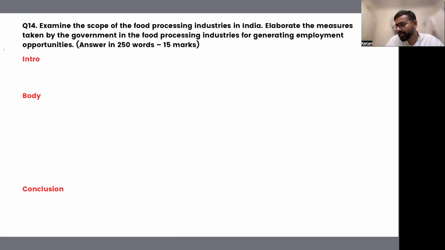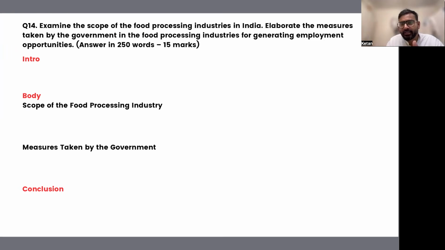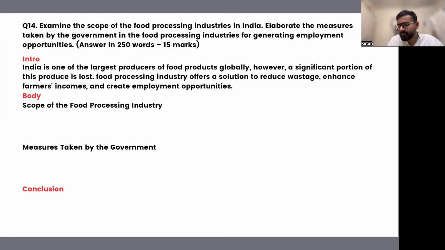So again, these two will be the major portion of your body: scope of food processing industry and measures taken by the government. Now, in the introduction, you can start by defining the food processing industries or also setting the context of why food processing is so important. India is one of the largest producers of food products globally.